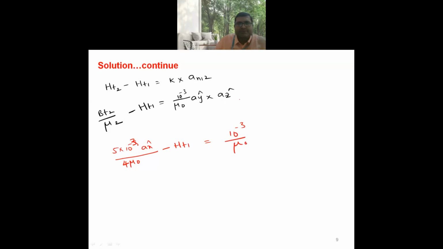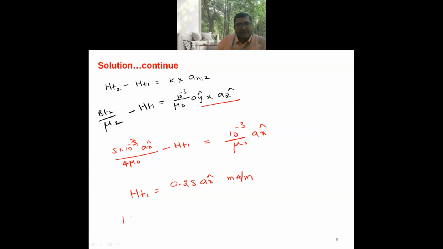The cross product of ay cross az is ax cap. From this, after simplification, we get the value of HT1 as 0.25 ax cap milliampere per meter.